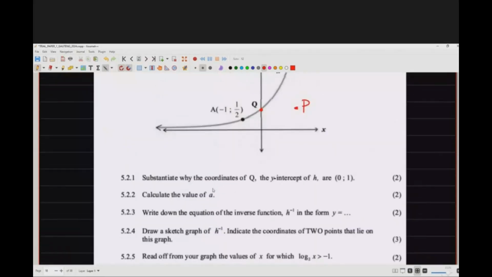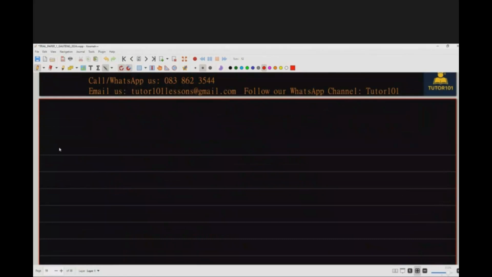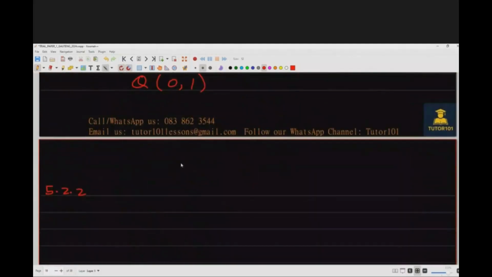And 5.2.2 here says to calculate the value of a. So we have our h of x, which is equal to a to the x.